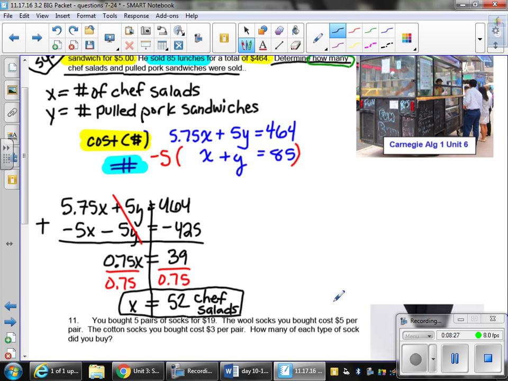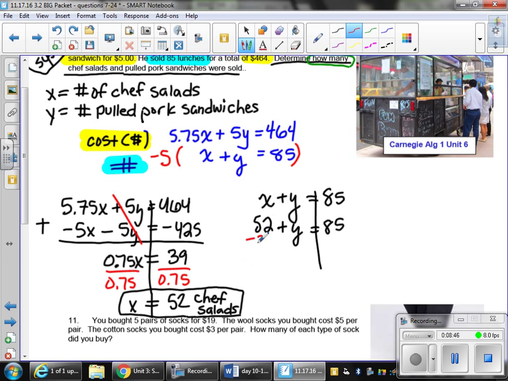We know the number of chef salads. We need to go find how many sandwiches. So we will use either of these two equations, the original equations. The second one is a lot friendlier to use, so let's use it. Plugging in 52 for x, we're done in one step.